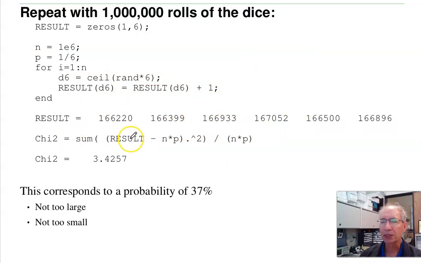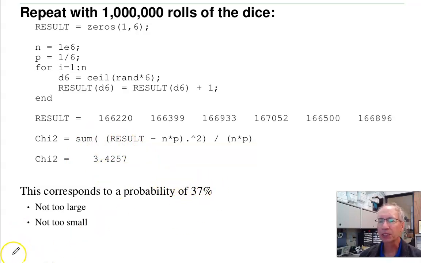That'd be the difference between the actual results and the expected results. Here, n is 1,000,000, p is 1/6. Take the difference squared, add them all up, divide by the expected frequency, and I got a chi-squared score of 3.4, and that gives me 37% chance.